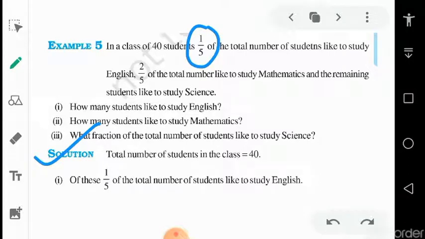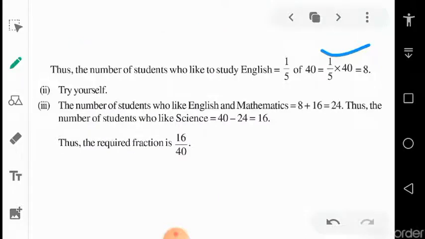So before solving the third part, we must know how many students like English and maths both. Then we will add them and subtract from 40. So here by the same method we will find the students who like to study maths. Those are 16, so together 24, and the number of students who like science is 40 minus 24, that is 16, and the required fraction is 16/40.